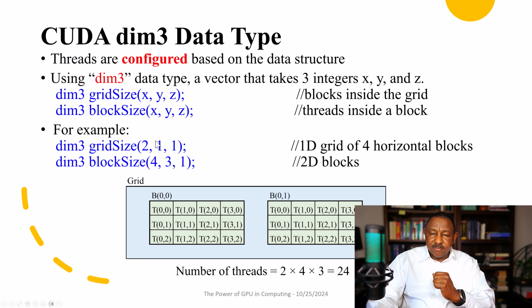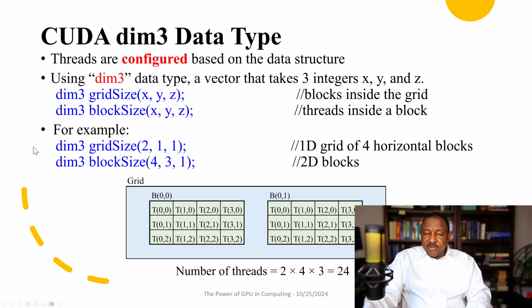There is much explanation for this. There is a built-in data type, dim3, and we can use dim3 to organize the threads. We have to declare grid size and block size to shape the threads in a specific shape.